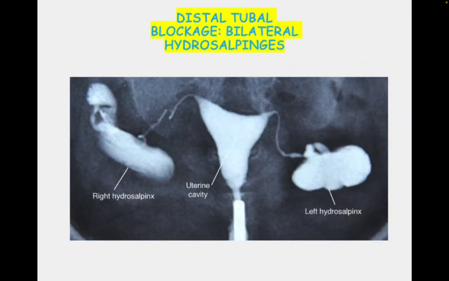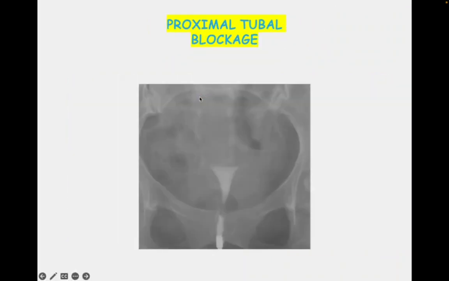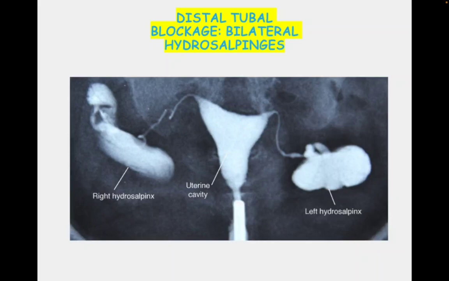So it doesn't mean, if the proximal tubes are shown as blocked like here, that it is 100% true. In many cases, like 60% of patients, if we do laparoscopy in the same patient, the tube will be shown as patent. That's why HSG is not very sensitive for proximal blocks as compared to distal blocks.